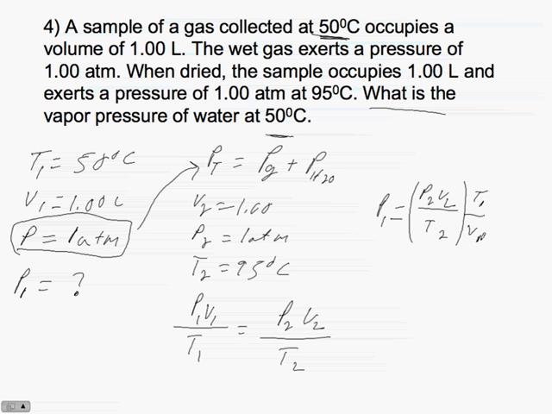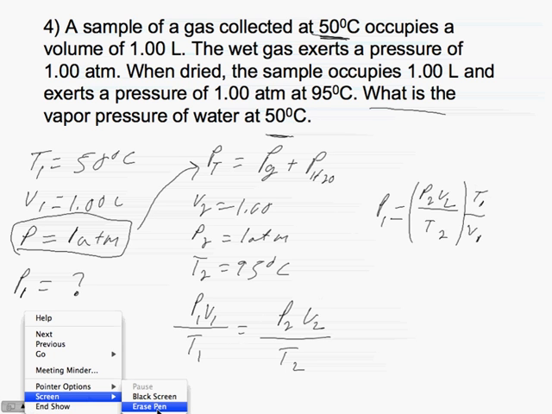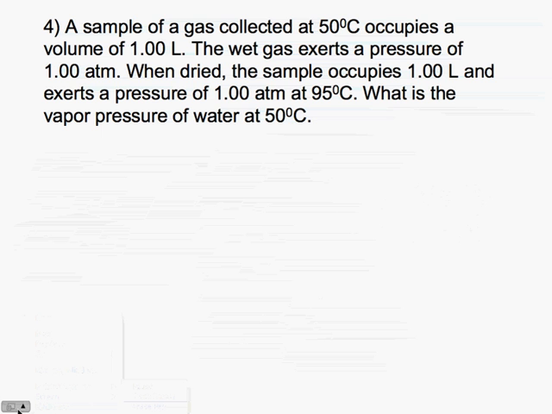So let's substitute back into the equation. P1 is equal to P2V2 over T2, multiplied by T1 over V1.